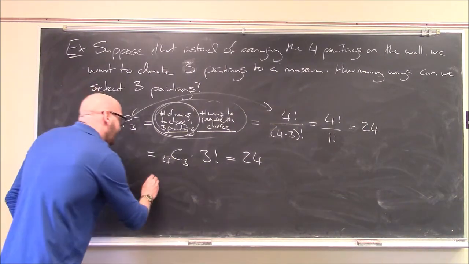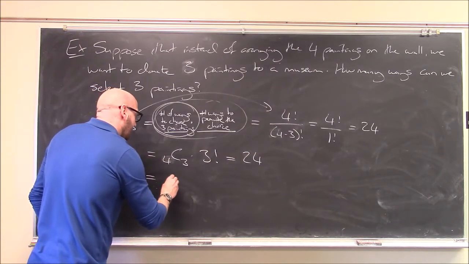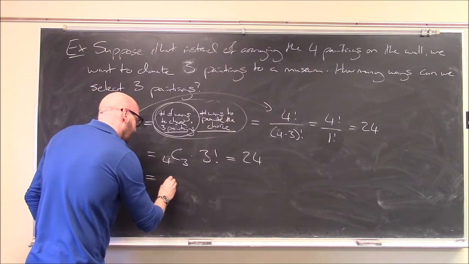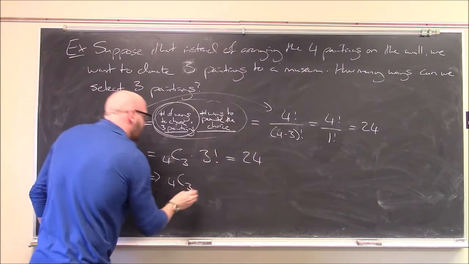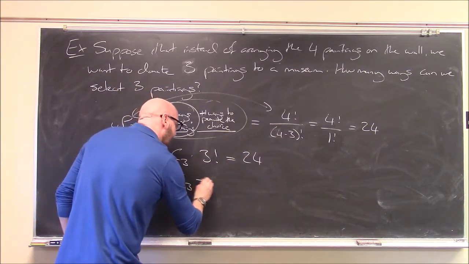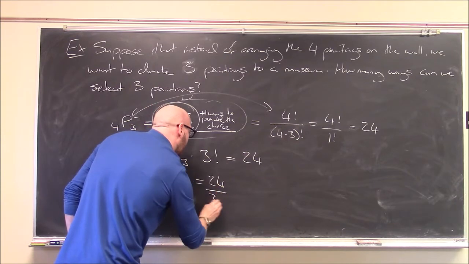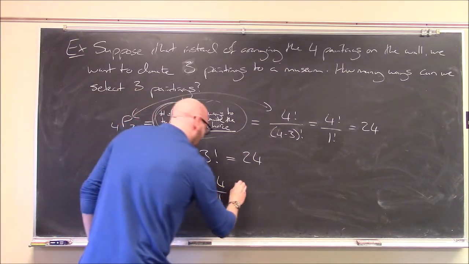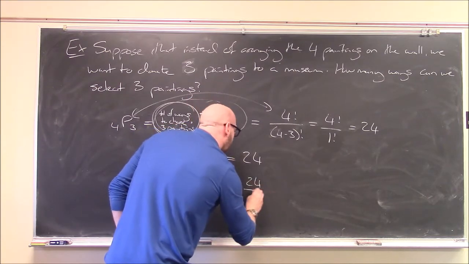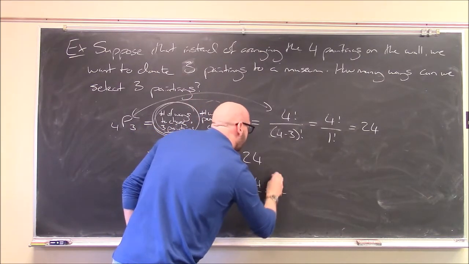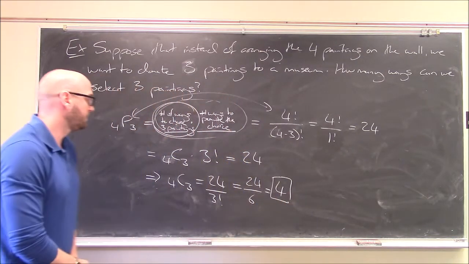Anyway, what I have is that the number of choices, 4 choose 3, is 24 over 3 factorial. 3 factorial is 6, so this is 24 over 6, or 4.